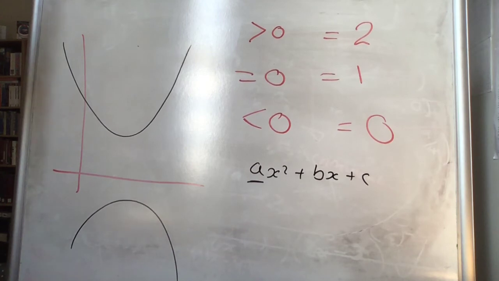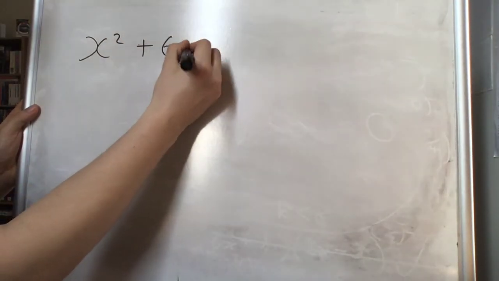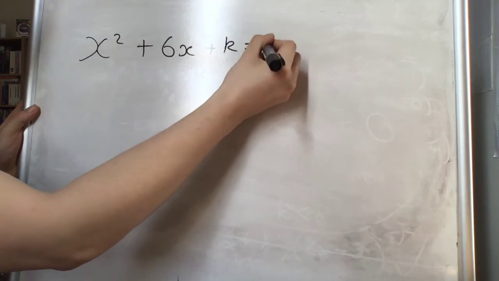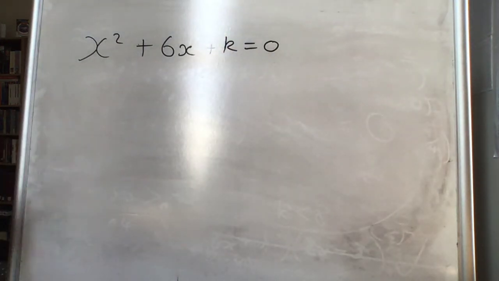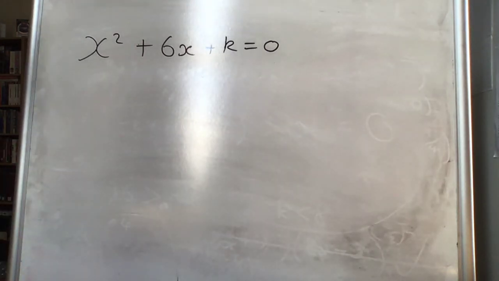So let's look at a question to explore the concept of the discriminant a little bit more. x squared plus 6x plus k equals 0. So let's find the values of k for which x squared plus 6x plus k equals 0 has two real solutions. Now, first of all, let's identify what a, b, and c are.